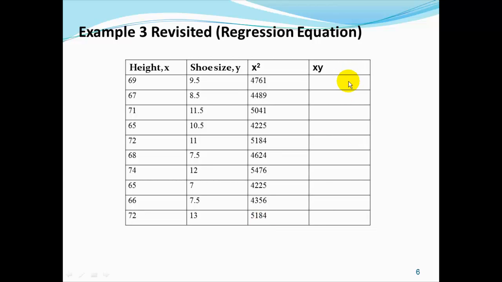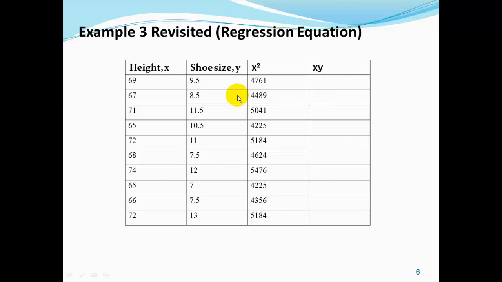In our last column, we should take each data pair for the row and multiply the x and the y value and place that product here. So first, we would say 69 times 9.5 and place the value here.